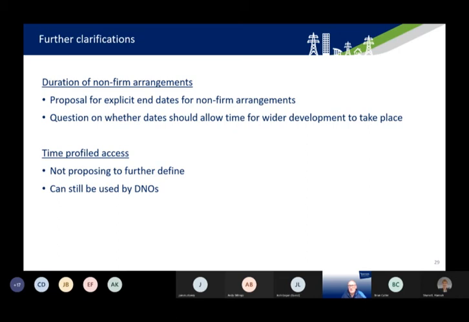A simple example: I think OWPD have used it in the southwest, where they've got loads of solar, and they've allowed wind to connect as long as they're not exporting during the day in summertime. So they can export to their heart's content in winter and at night, but during the summer daylight hours, they're restricted.